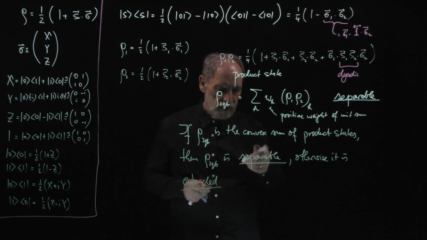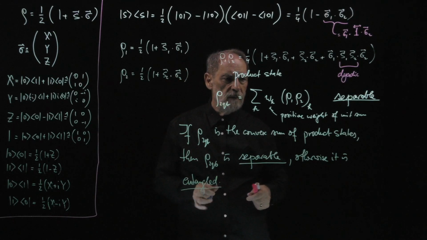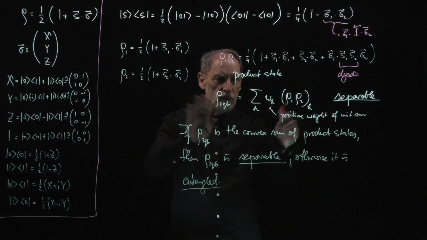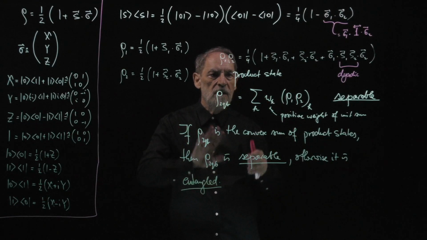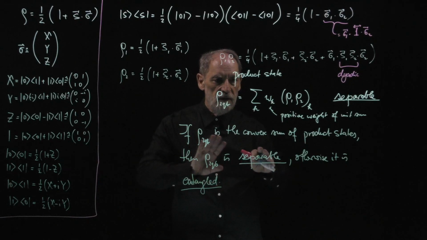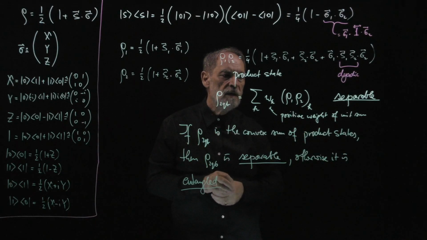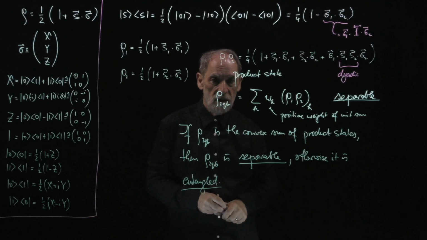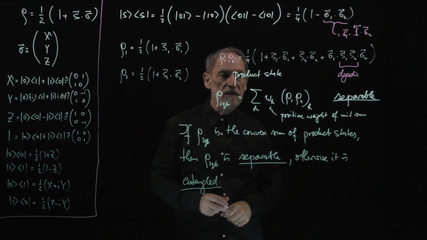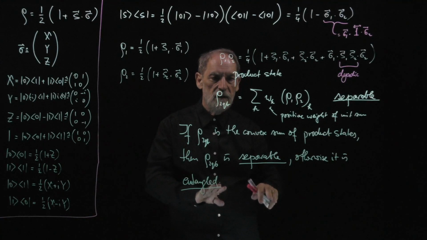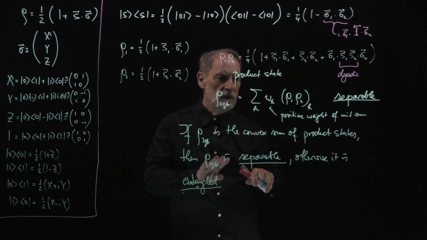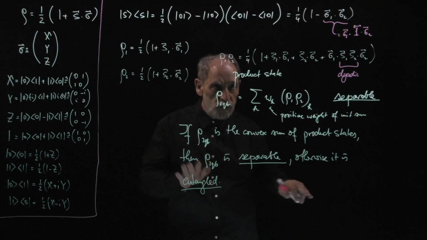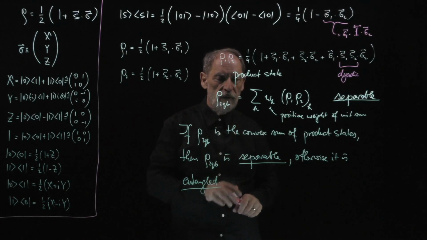So you can think of the separable states as being made up of products, and in each product the two qubits have individual properties, and we just mix them up in some mixture and get a general separable state. But we can decompose it into pieces where each piece is of a product form.